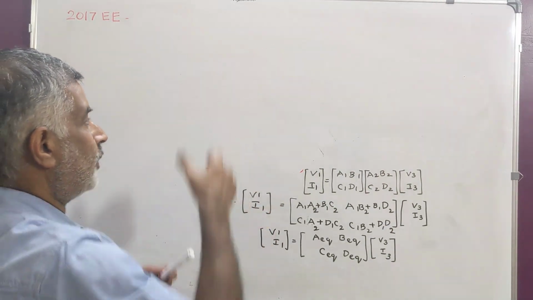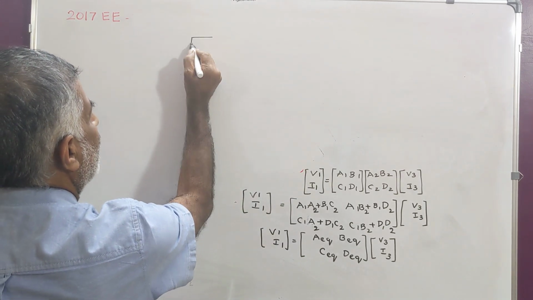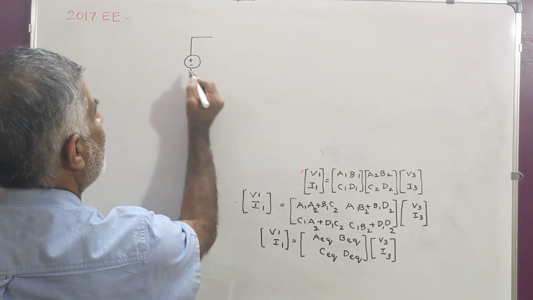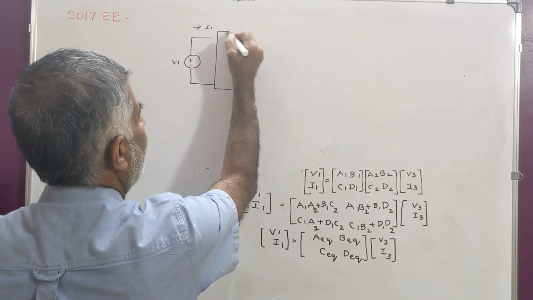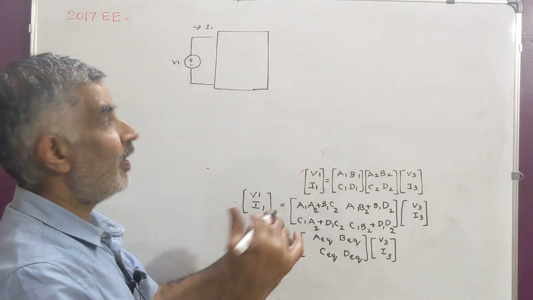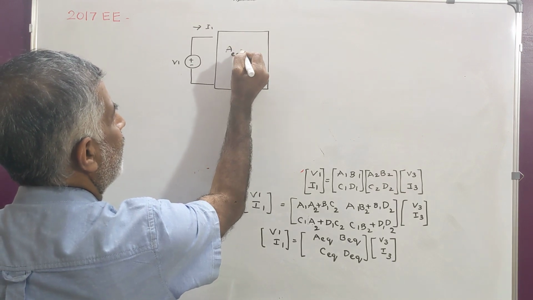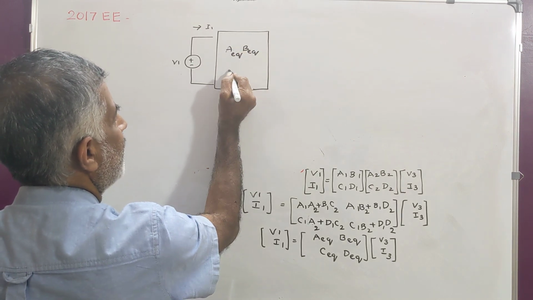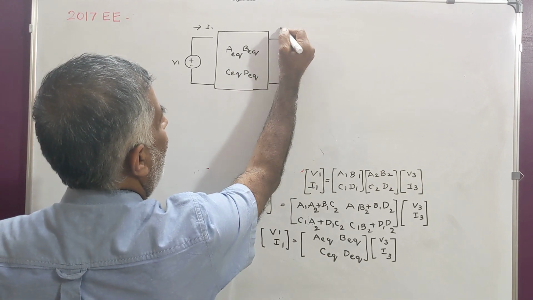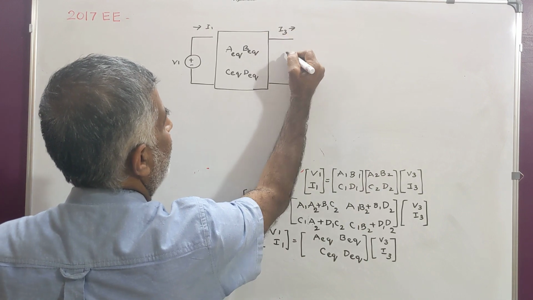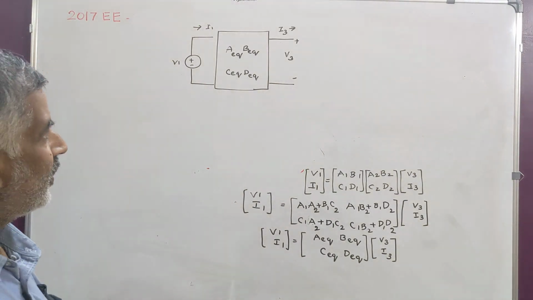Now I will construct the cascade connection. So this is port 1, V1 I1. This is the equivalent connection, that is A equivalent, B equivalent, C equivalent, D equivalent, then port 3, I3 V3.